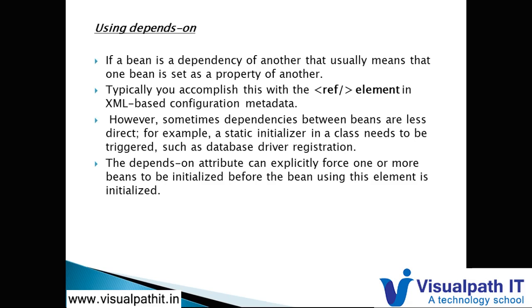Sometimes the dependency between the beans is less direct, so it may not be straightforward. In such scenarios, we need to use this depends-on attribute, which can explicitly force one or more beans to be initialized before the bean using this element is initialized.